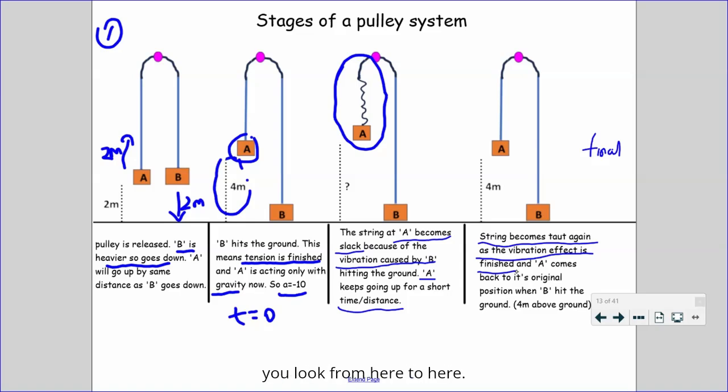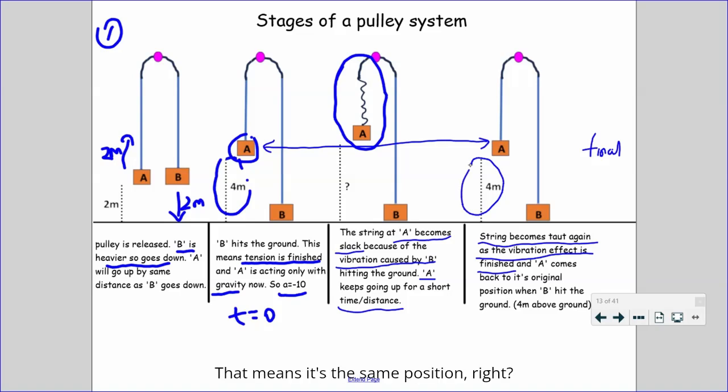Now, if you look from here to here, A was at 4 meters, and here again it's at 4 meters. Okay? That means it's the same position, right? So if you were doing SUVAT from the second stage to the last stage, S is actually 0, right?